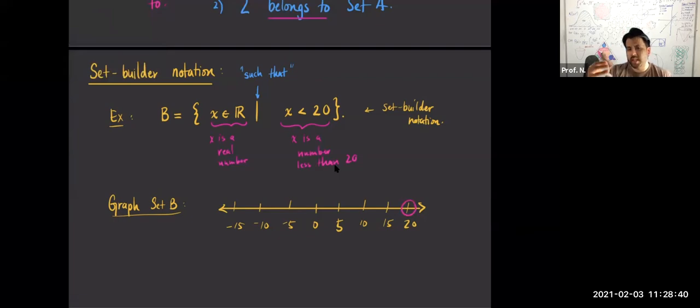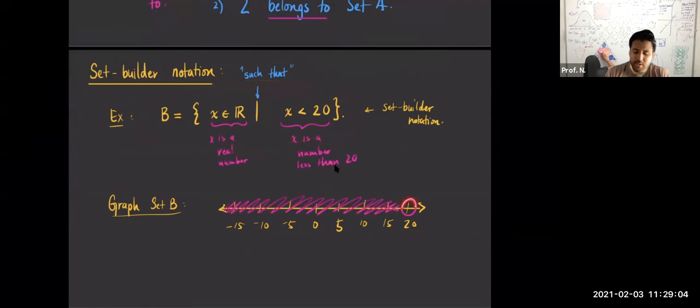We're going to shade everything to the left of 20. So graphically speaking, this represents exactly what I just expressed in symbols. In symbolic set builder notation, I'm literally saying shade everything to the left of 20.